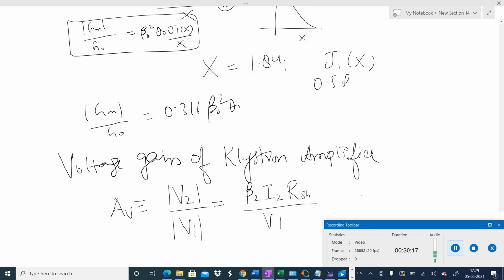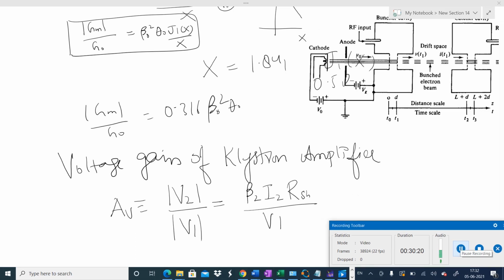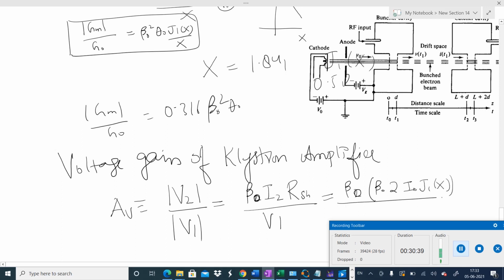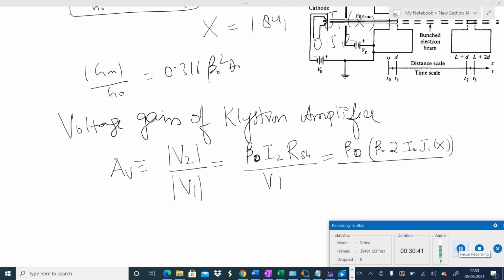Now this I2 is equal to beta naught 2 I naught J1 of X, and this V1 is given by 2 V naught by beta naught theta naught of X. Beta naught is already there.